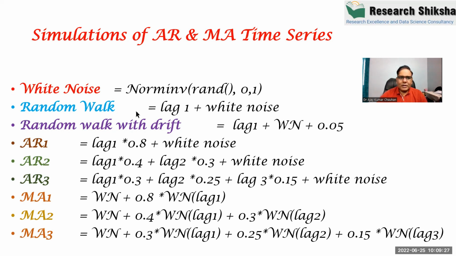Random walk, you know that the equation of random walk is Yt equals Yt minus 1 plus et, so lag 1 means Yt minus 1 plus white noise. Then random walk with drift. So we use these series for simulation of AR1, AR2, AR3, MA1, MA2, MA3. So now I am going to show you this series.